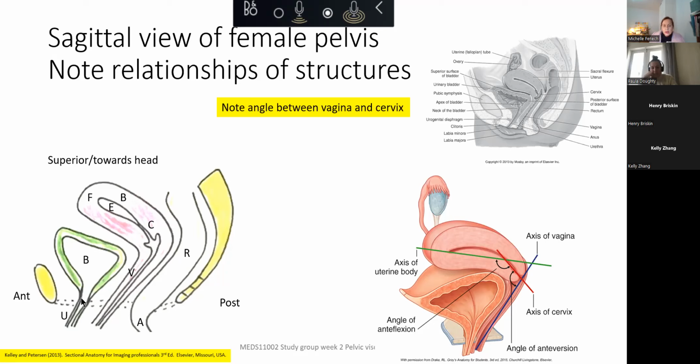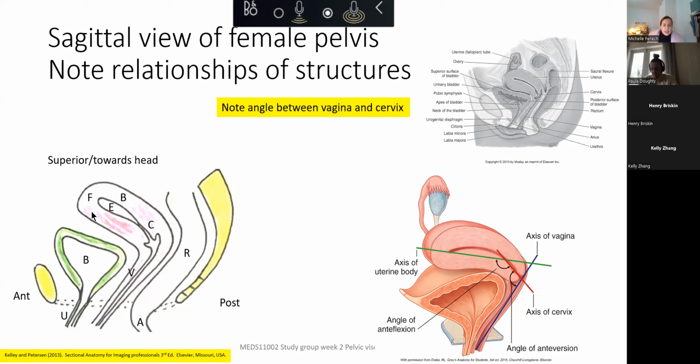This is a sagittal view, and we don't have seminal vesicles. There's no prostate, sort of inferior to the bladder. But we do have the uterus, the cervix, and the vagina here. And so the uterus, the cervix, and the vagina sit in between the bladder and the rectum. So B's for bladder, R's for rectum.